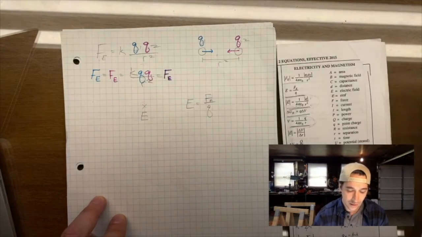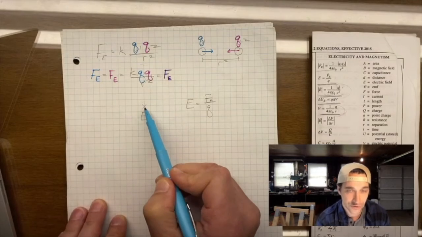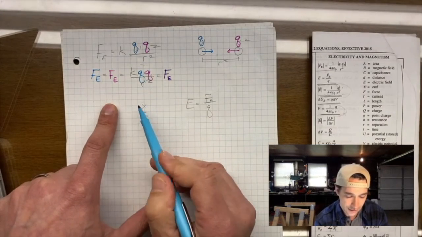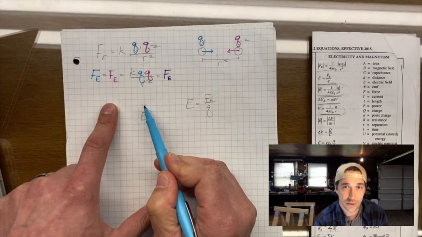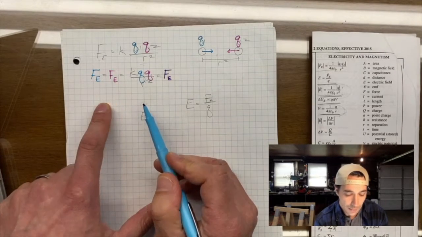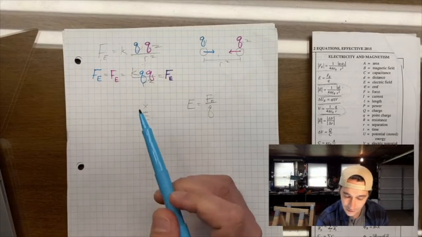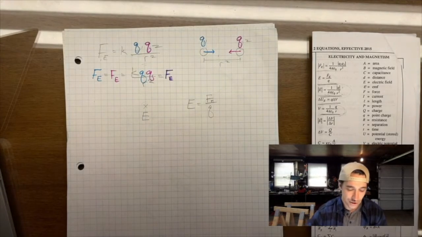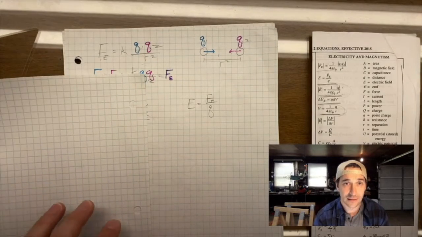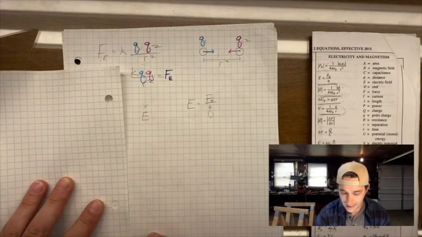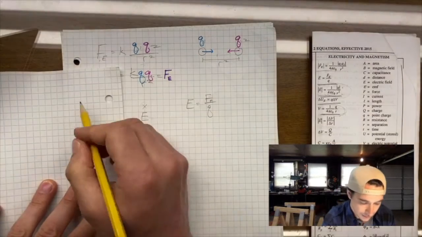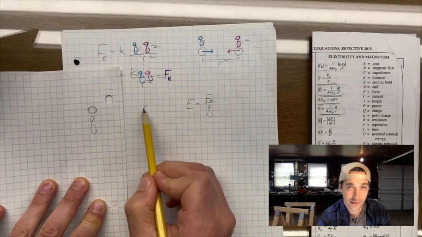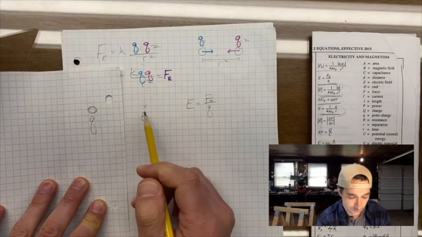We could think about that, well, maybe this electric field location is created by some other charge sitting here that's pushing those two Q's around. But maybe it's not. This E could be because of anything. That location in space might have that electric field because there's some other charge here, and then when we put a charge here, it's feeling a force away.